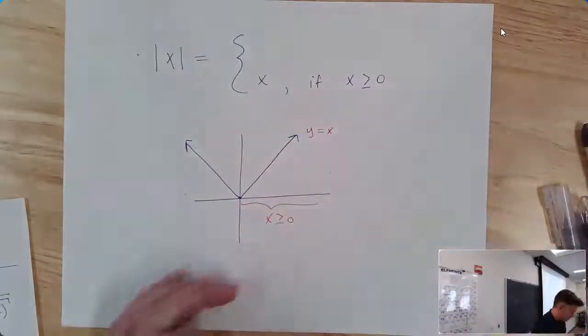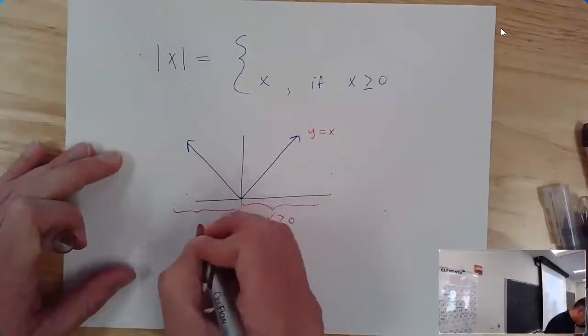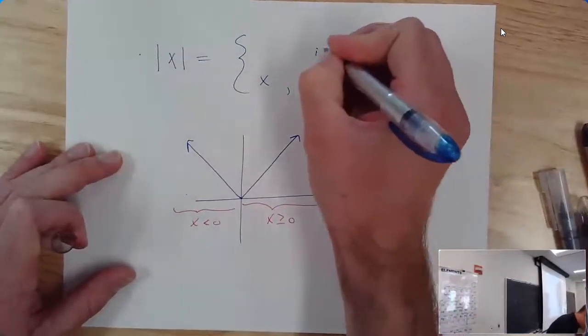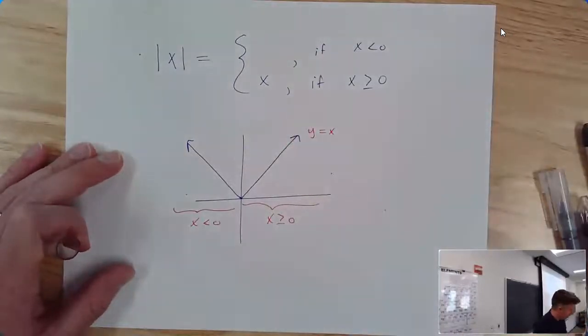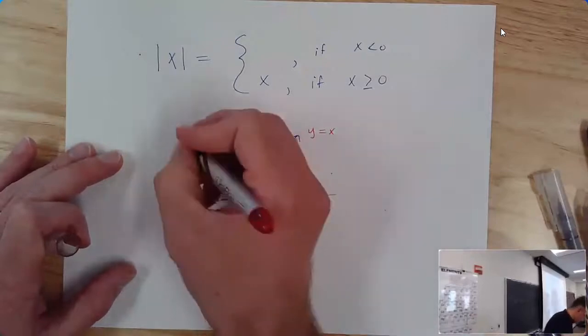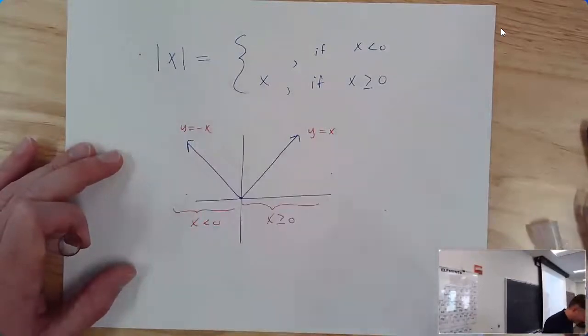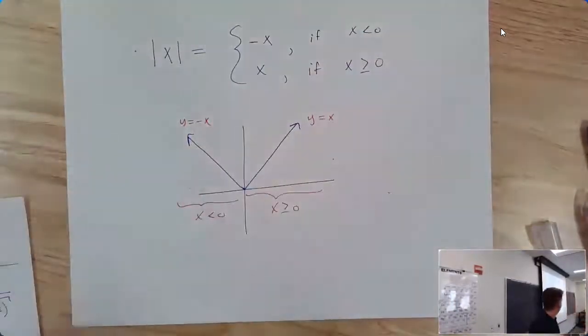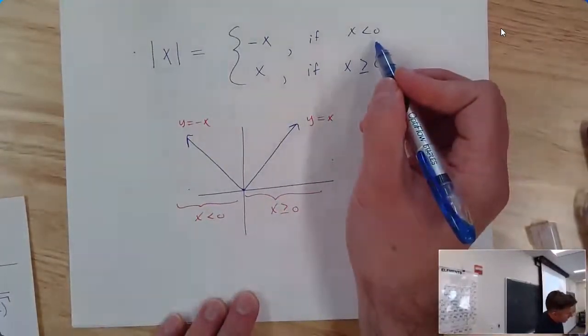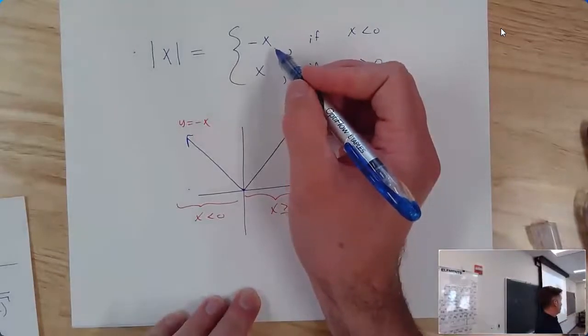What is it? What's that line there? Y equals? Right, it's negative x. So if x is already negative, we have negative x to turn it into a positive.